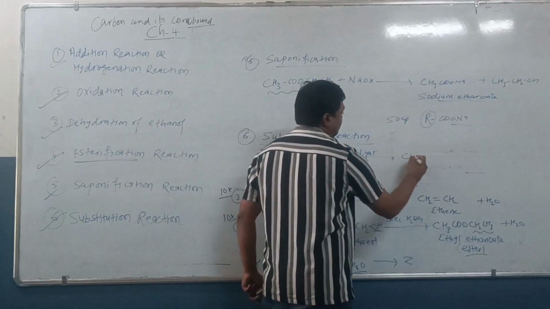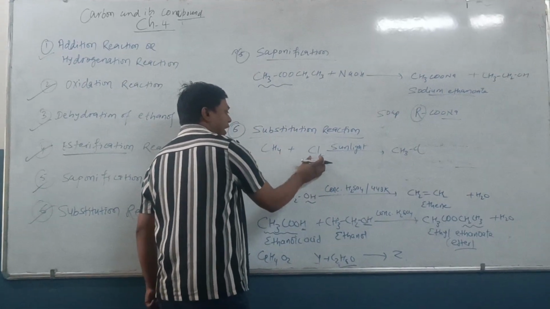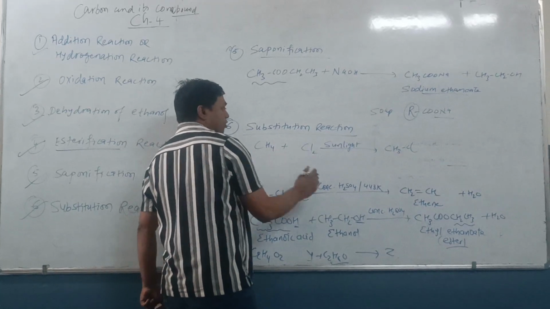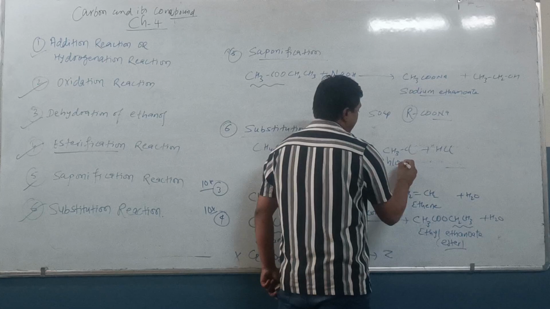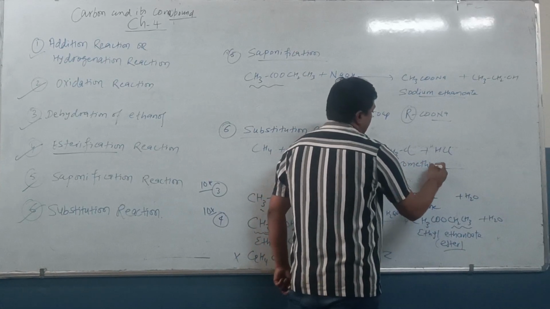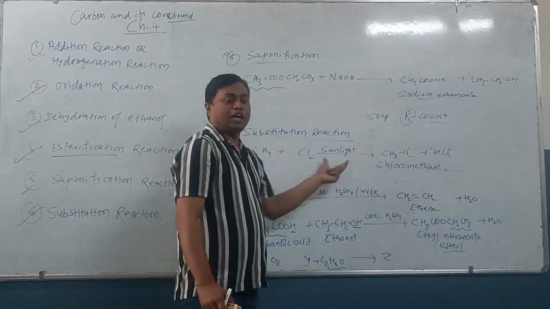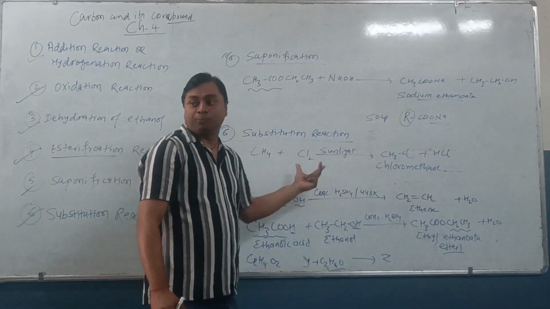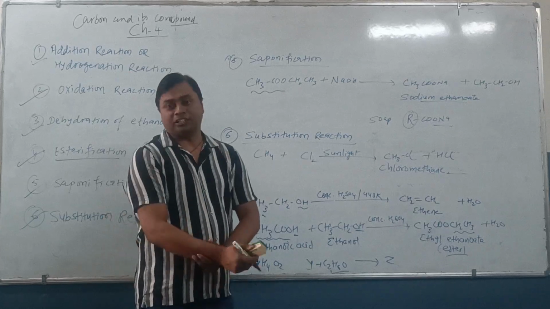So it forms CH3Cl, and one hydrogen and one chlorine will form HCl. It is chloromethane. If you pass chlorine again, dichloromethane, again trichloromethane, again tetrachloromethane. So the substitution will keep on taking place.